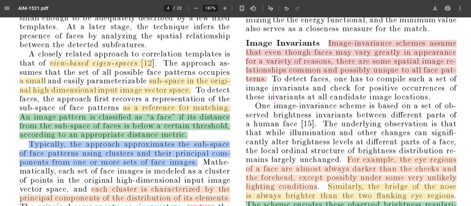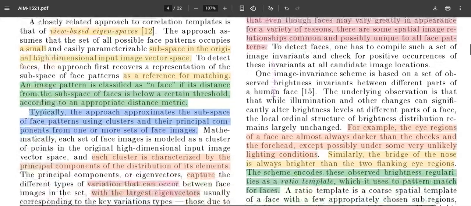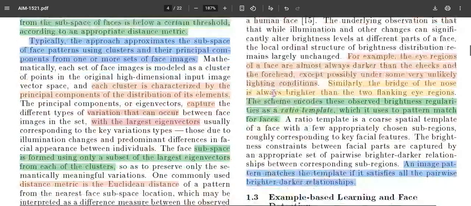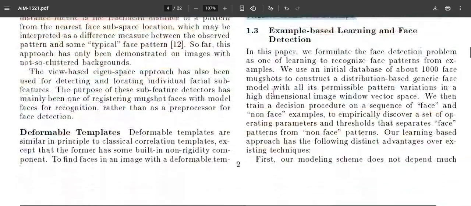Given an input face, we project it into all those subspaces and apply a certain threshold. Whichever falls within the threshold is identified as belonging to that cluster, and that cluster is either a face or not a face.